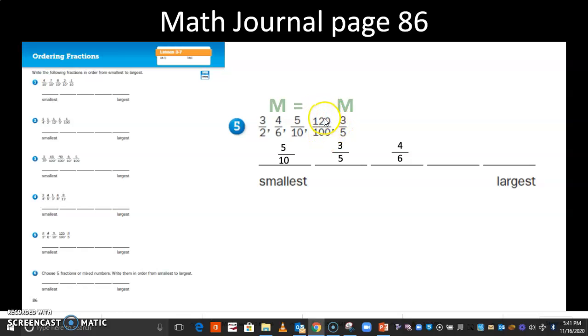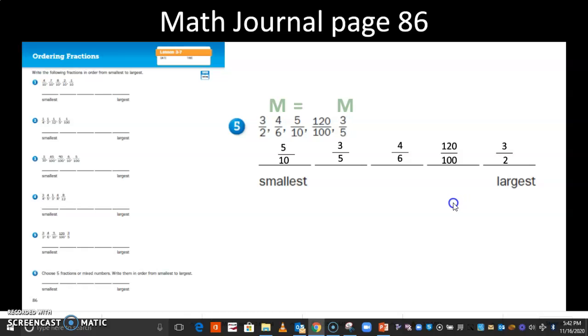So it's not that, but 100 hundredths would be a whole. Then we'd have 20 hundredths, and I know that half of 100 is 50, so since 20 is less than 50, it has to be smaller than this 1 1/2. So we've got 120/100, and then 3/2, the big number.